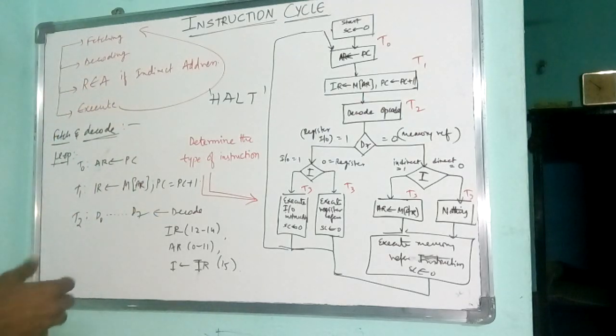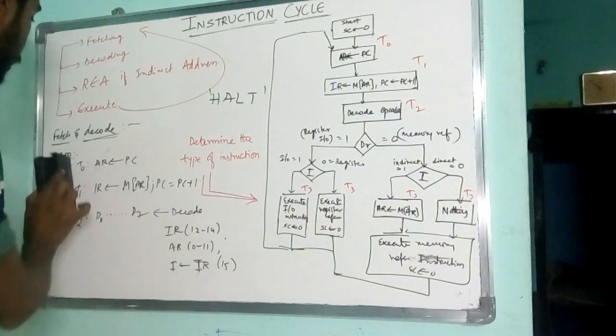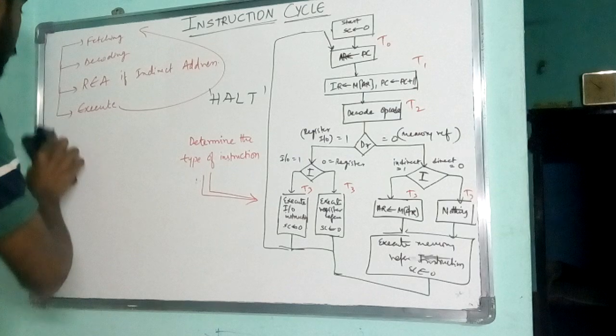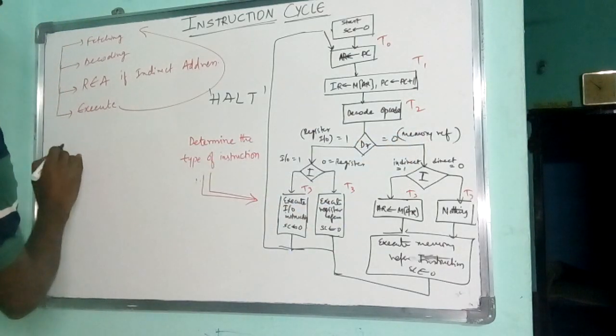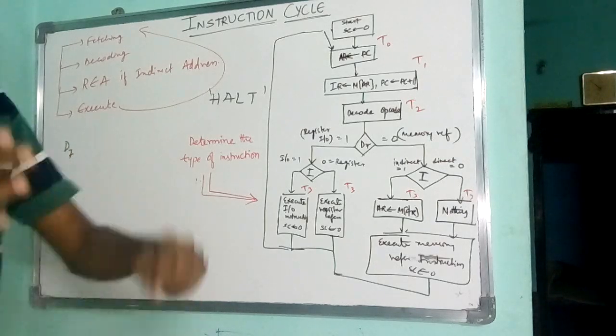Okay. Now, if we see the micro operations here in a line format, whenever D7 is 0, that means D7 complement comes from 1.